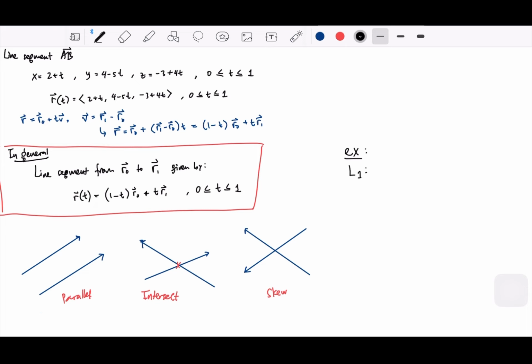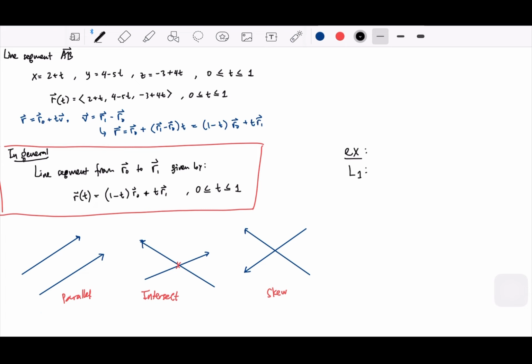This is 5s minus 3, so s will be 8 over 5. So 1 plus t is 16 over 5, and t will be 11 over 5. So this is the first result.